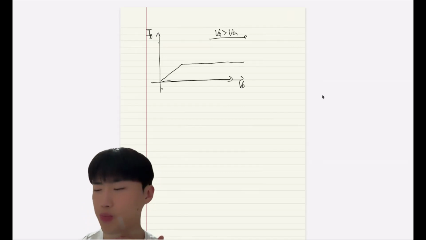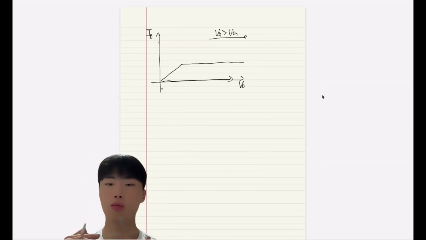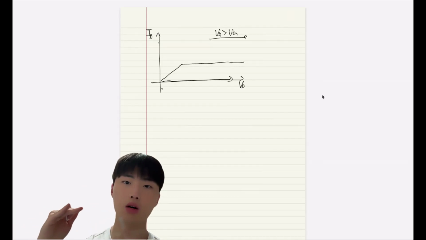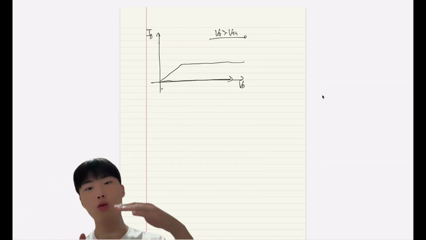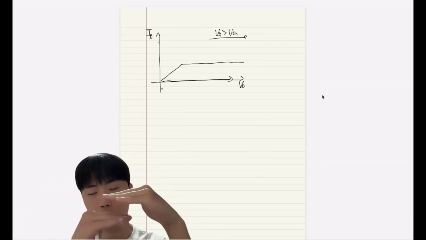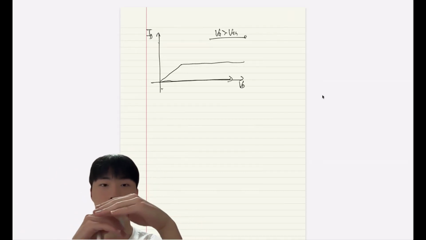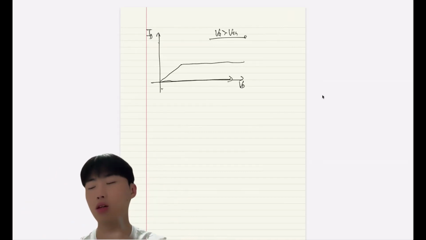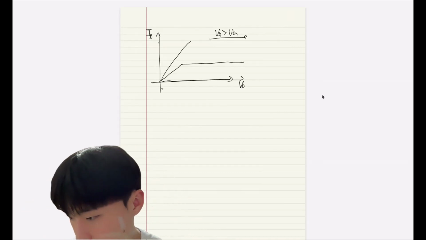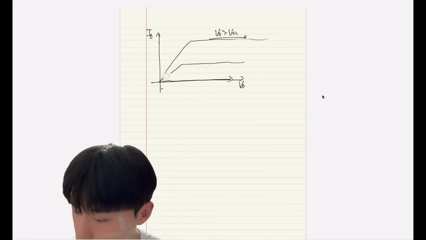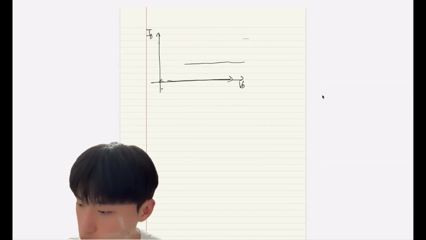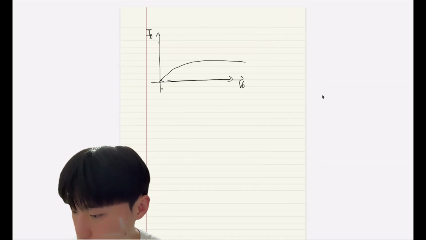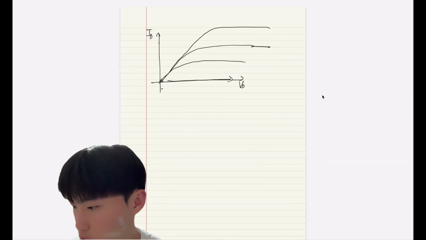But when we have a bigger gate bias on the gate side, the channel thickness gets bigger, so the current can flow well. I can draw again, this, this, this.